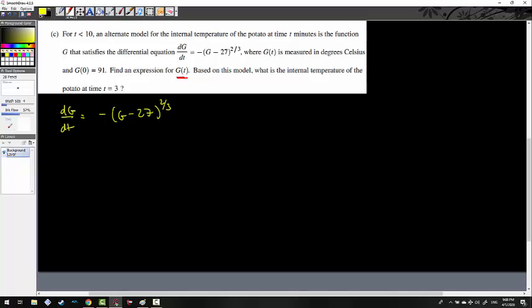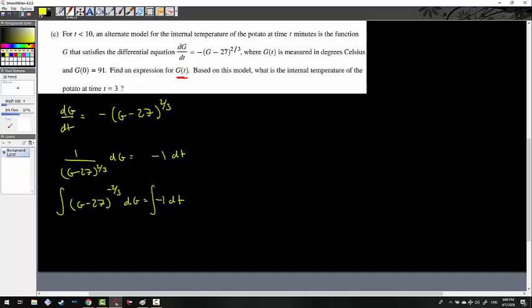Separating the terms is where we're going to get the bulk of our points marked off if we don't do it. So 1 over (g minus 27) to the 2/3 dg is equal to negative 1 dt. Before I integrate, I'm going to rewrite it as (g minus 27) to the negative 2/3 dg equal to negative 1 dt.